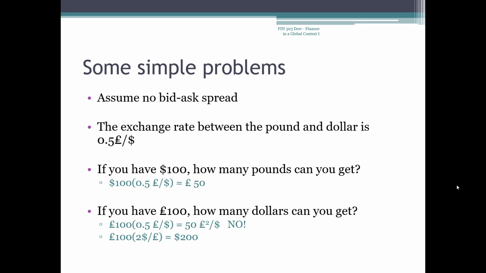We see that pounds cancel out. Try it. And we end with dollars, which is what we want. You can always check to see if you're using the correct exchange rate by seeing if things cancel. Where did we get that exchange rate? The reciprocal of 0.5 pounds per dollar is $2 per pound.